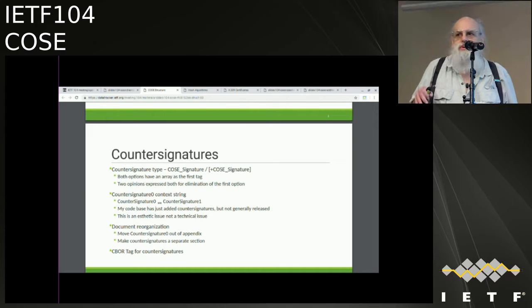It is, however, an absolute breaking change for any countersignature 0 messages which exist out in the real world. At this point in time, the only implementations I know of countersignature 0 are mine.